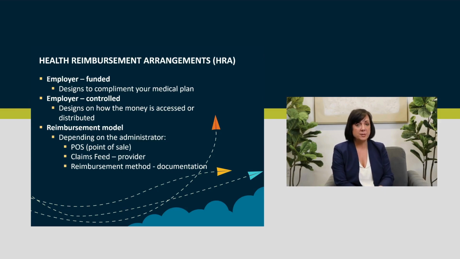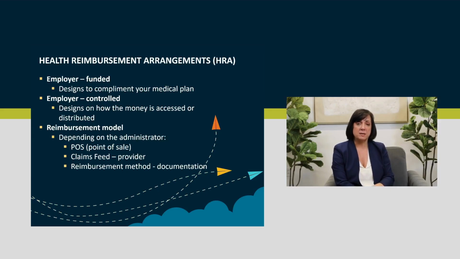So while you're at the doctor's office, you swipe the card and it pays for that copay immediately, or it pays for that bill. The same at the pharmacy. You go to the pharmacy and there's a cost to your medications. You're swiping the card and it's at point of sale there at the pharmacy.